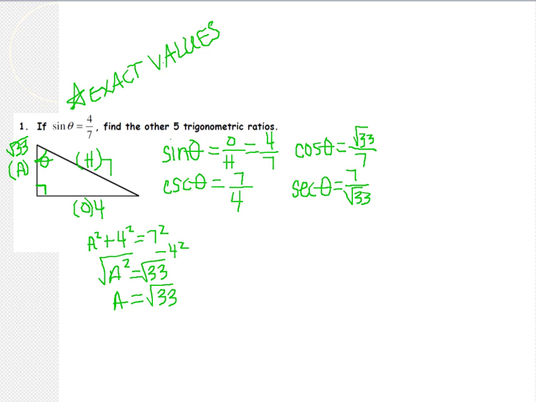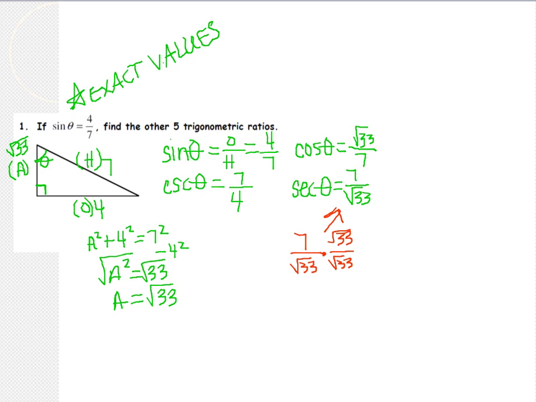Now here's the trick. You cannot have the square root of 33, a radical, in the bottom of this fraction. So we need to rationalize that denominator. So to rationalize the denominator, we're going to multiply the top and bottom both by the denominator. So I'm going to multiply the top and bottom both by the square root of 33. It's just like multiplying by 1.